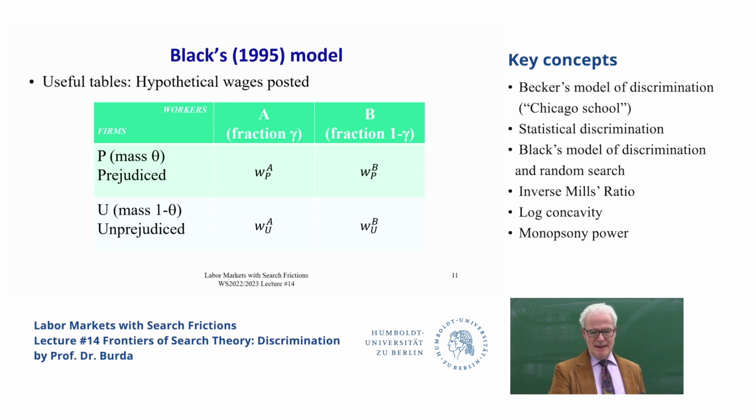And what does that mean? That means that they could post a wage that would reflect the anticipated willingness of the workers to accept or reject that wage. They could also offer the same wage, but is it profitable for them to do that?